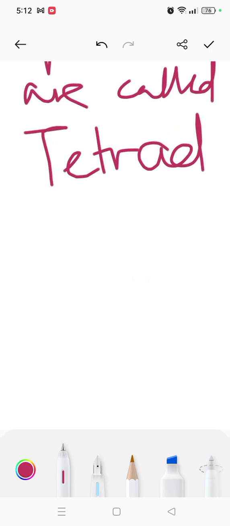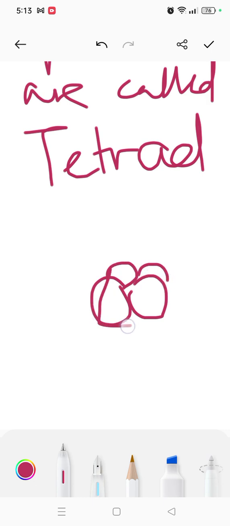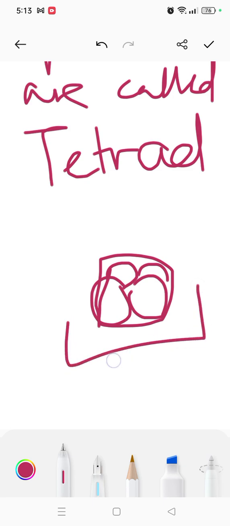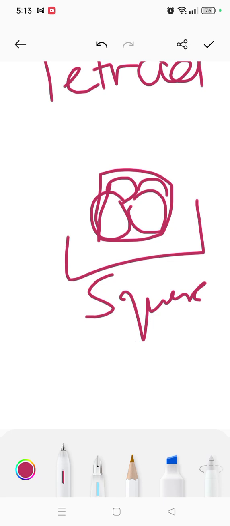Many cells form the structure of a square. How will they form? One, two, three, four. I'm not sure it literally looks like a square, but this will form a structure which will be square. Of course we are studying biology, so in terms of biology we just call this a tetrad.